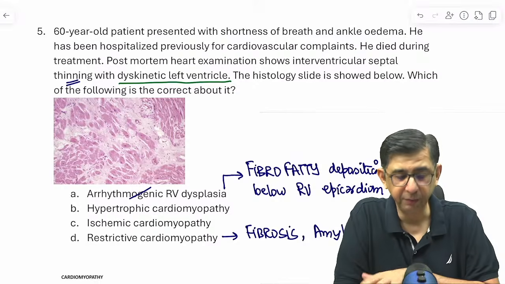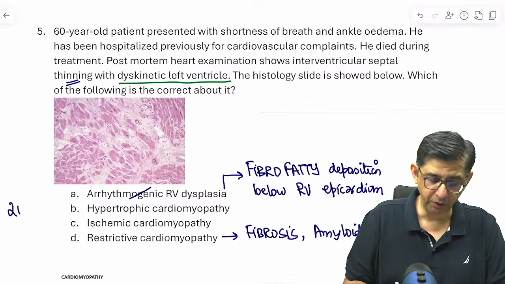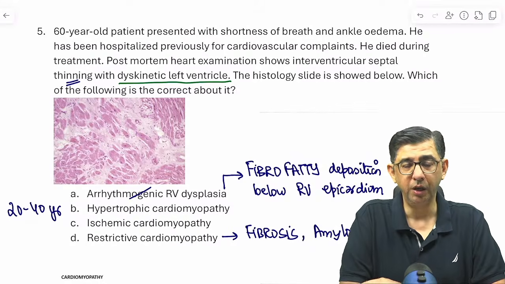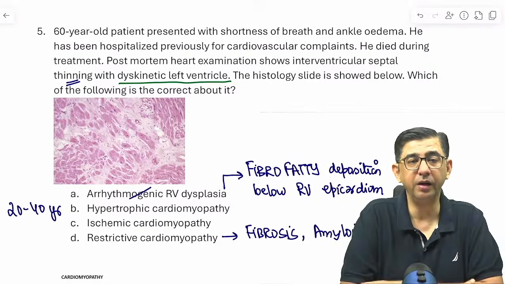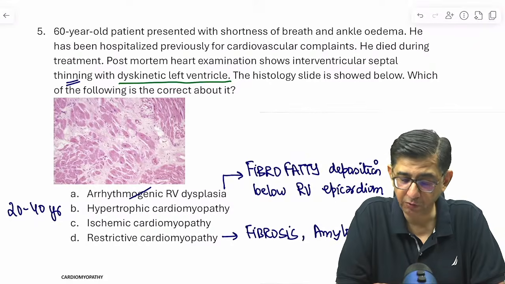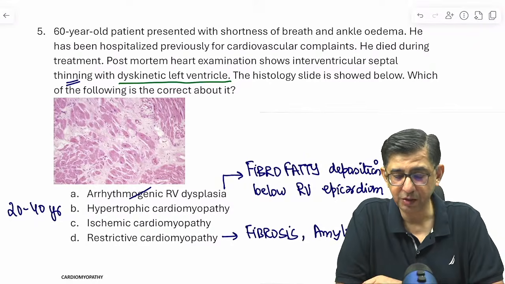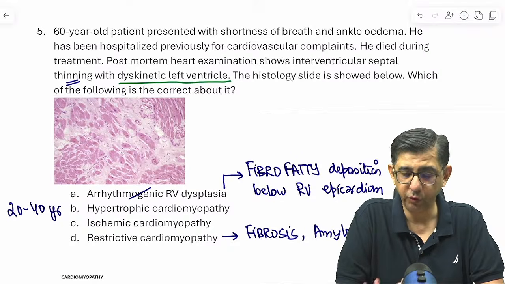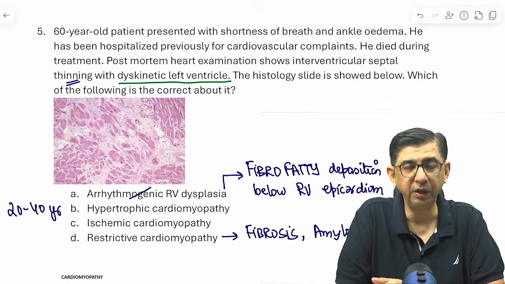Hypertrophic cardiomyopathy presents between 20 to 40 years of age. It usually presents as sudden cardiac death in a patient. But this patient is coming to the hospital again and again for cardiovascular complaints. This is a patient of dilated ischemic cardiomyopathy. The patient might have been having ischemic heart disease.